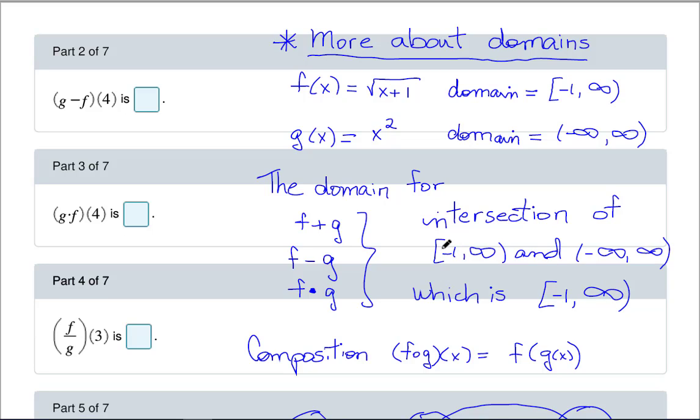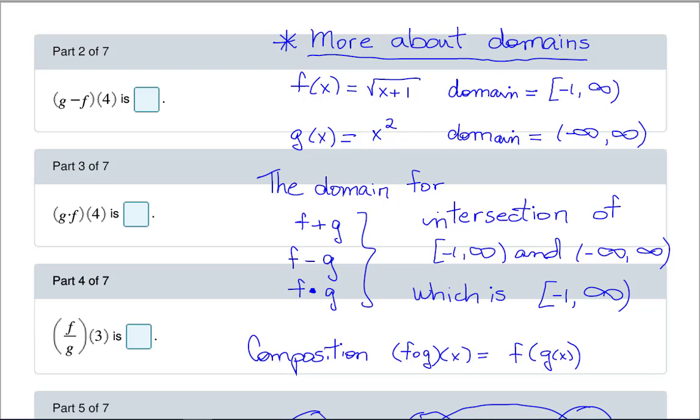So again, the domain is the intersection of each of the separate domains. You might say, well, what about f divided by g? Well, we just have to remove anything that would make g equal to 0. Well, g of 0 is 0, so I would have to remove 0. It makes the domain for the division fairly complicated.